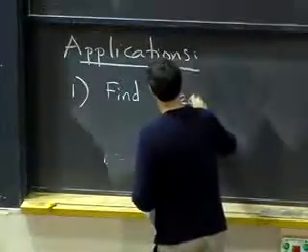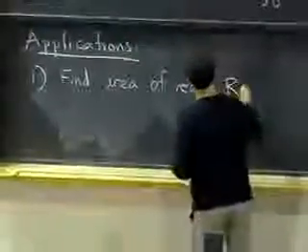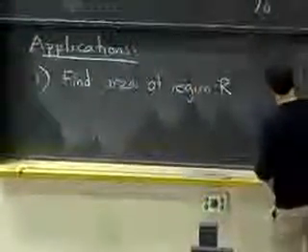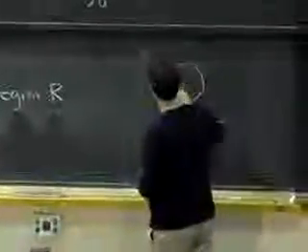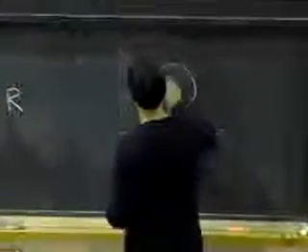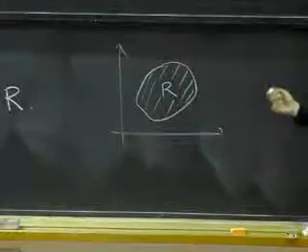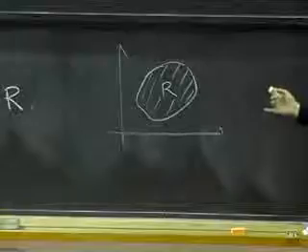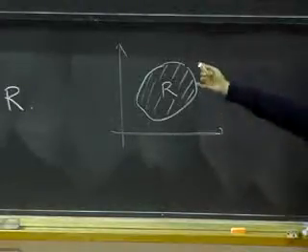It's to find the area of a given region R. Okay, so I give you some region in the plane, and you want to know just its area. So in various cases, you could set this up as a single integral. But often it could be useful to set it up as a double integral.